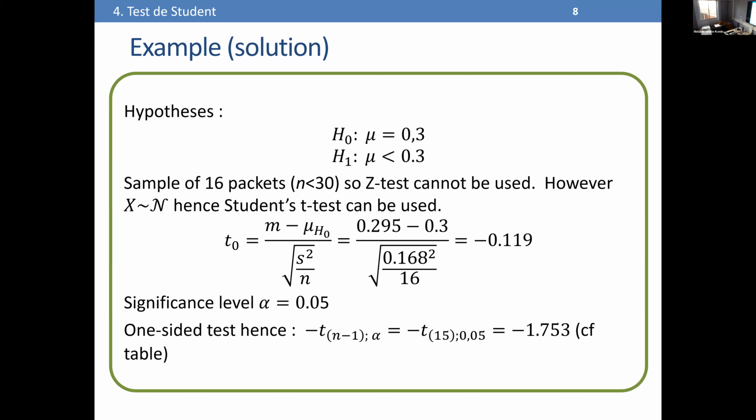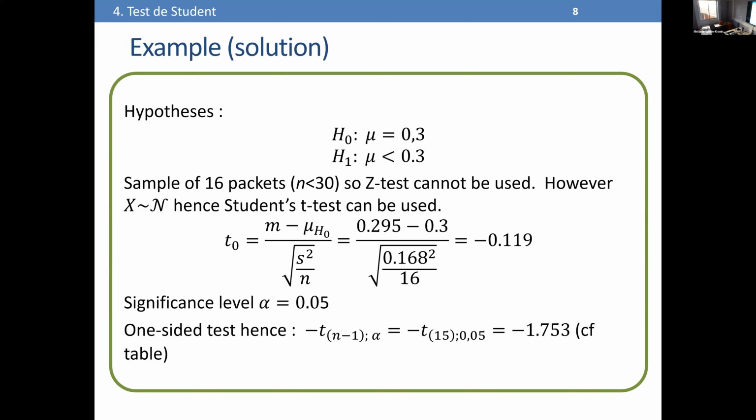The whole sentence is, if H is true, then this should follow a student distribution with 15 degrees of freedom, which means that, well, with a 5% significance level, 5% of the values should be less than 1.7, and 95% of the values should be here.